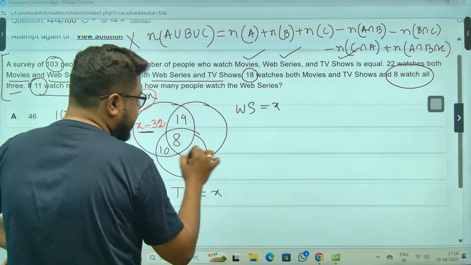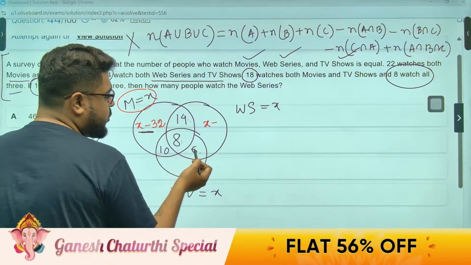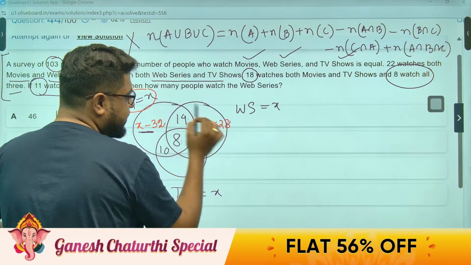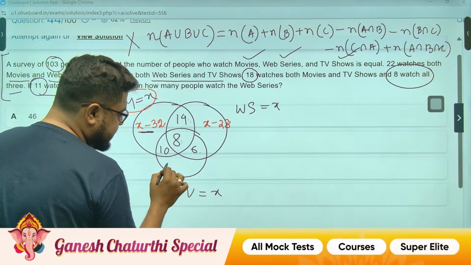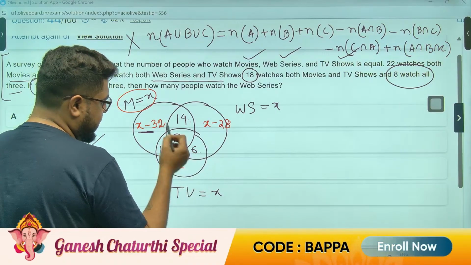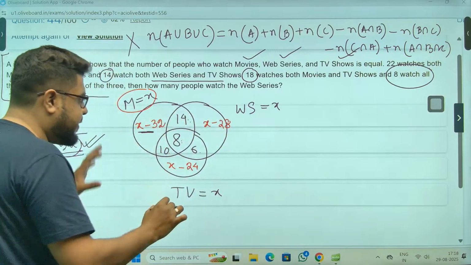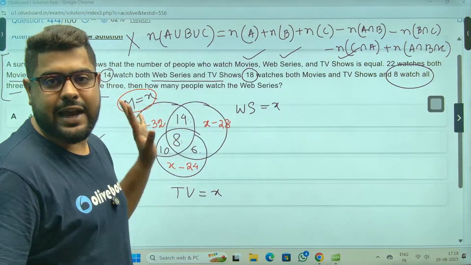Again, this circle is x, so this will be x minus 8 and 6, 14, 14 and 14 is 28. Again, this circle is x, so this must be 6 and 8, 14, 14 and 10 is 24. And you see all values written inside this Venn diagram.